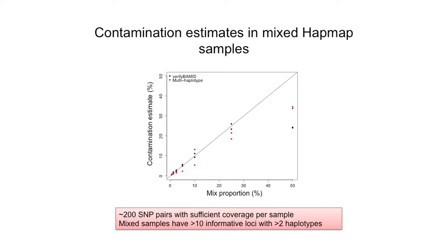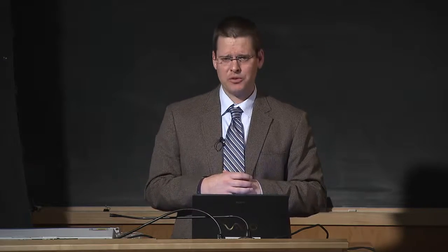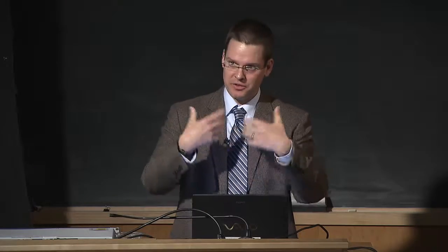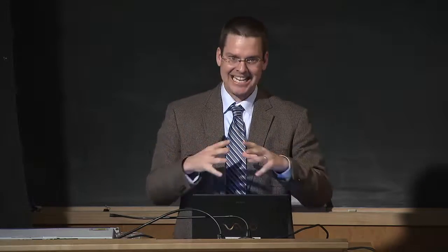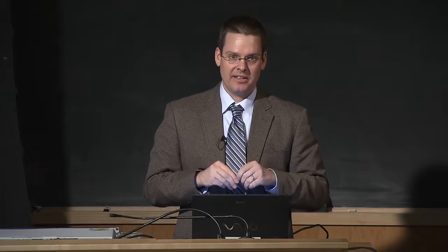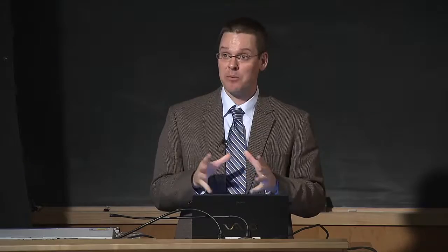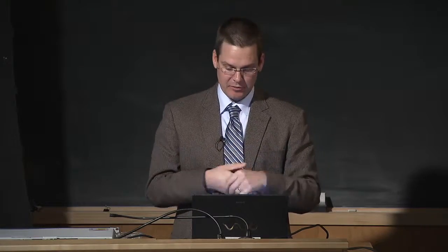This is based on our clinical cancer panel, which is a few hundred kb. There are about 200 of these informative SNP pairs that had enough coverage to analyze, and in the mixed samples, there are at least 10 loci that were informative for detecting and estimating the contamination using the haplotype method. So that's the level of information content that you get when two samples are mixed.